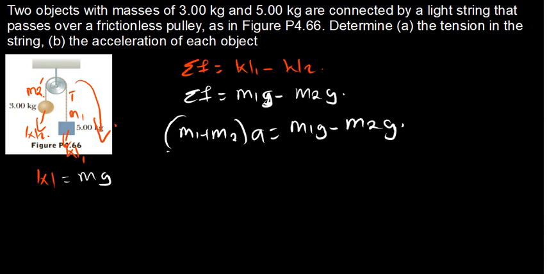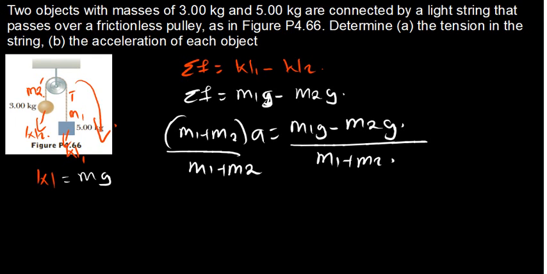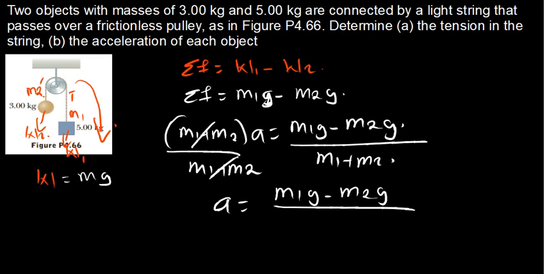Okay, so I can divide both sides by m1 plus m2, even here by m1 plus m2. So I can see that these two guys, they're going to cancel out. We're going to have acceleration is equal to m1g minus m2g, everything divided by m1 plus m2. Okay, now from here we can plug in the values.